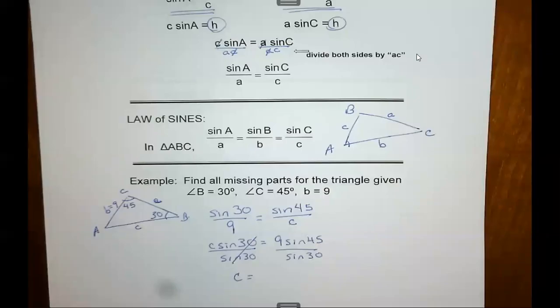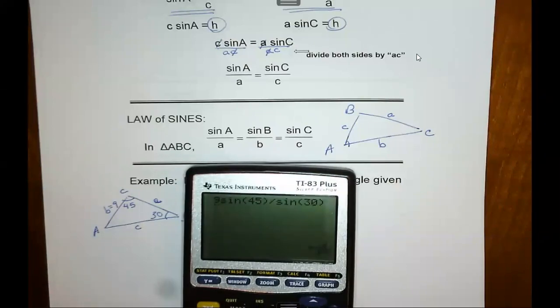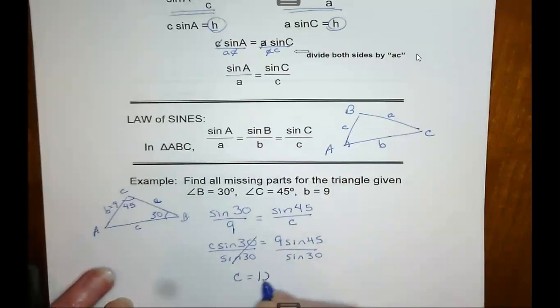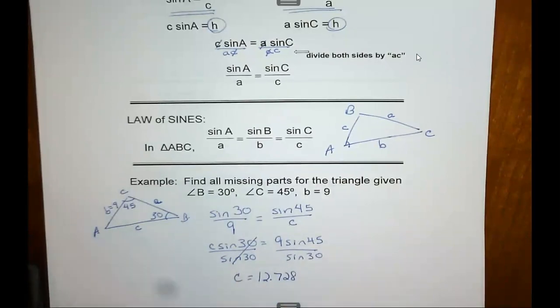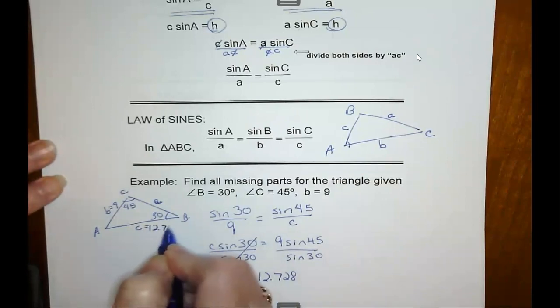All right, so on our calculator, we're going to do 9 sine of 45 divided by sine of 30. Be sure whatever calculator you're using that we're in degrees. And so we get 12.728. All right, so now I know side C is 12.728.